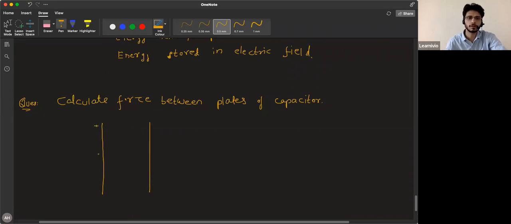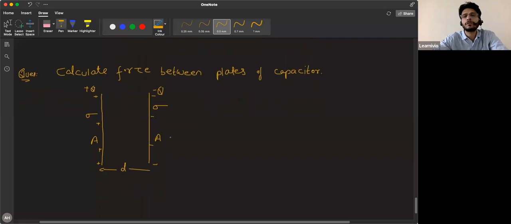These are the two plates of the capacitor. One has charge plus Q, another plate has charge minus Q. The separation between them is D. Charge density of each plate is sigma, and the area is A. I need the force between these two plates. How to calculate this force?